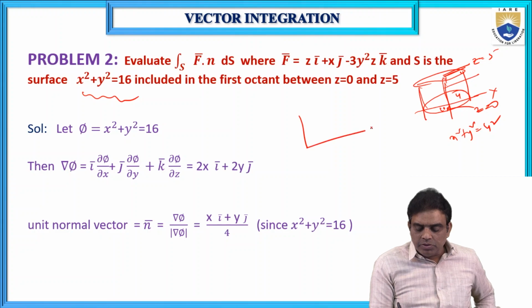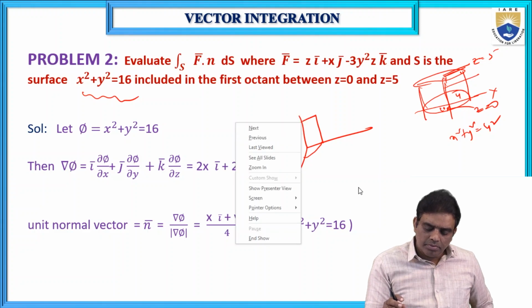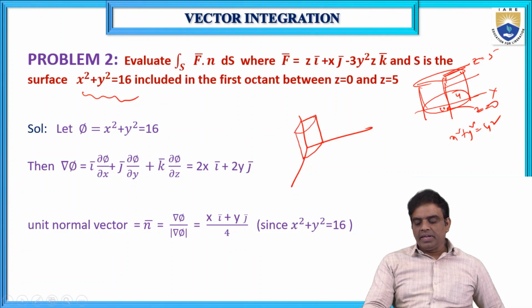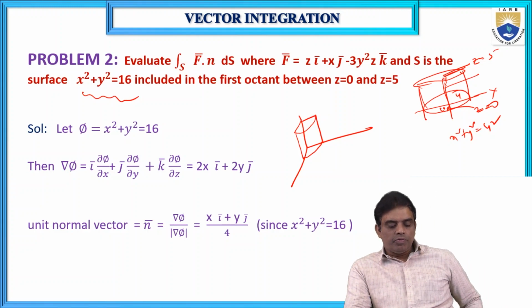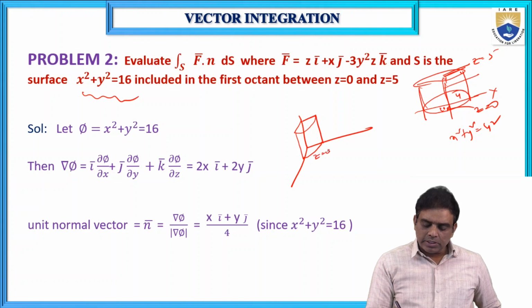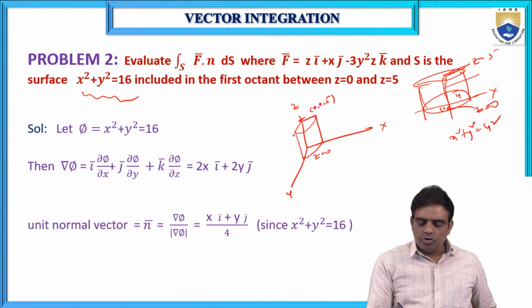So first octant means, I will show the figure. This is the first octant figure. We are going to find the surface area for z from 0 to 5. This is the xy plane, this is z equal to 0, and this is z from 0 to 5.